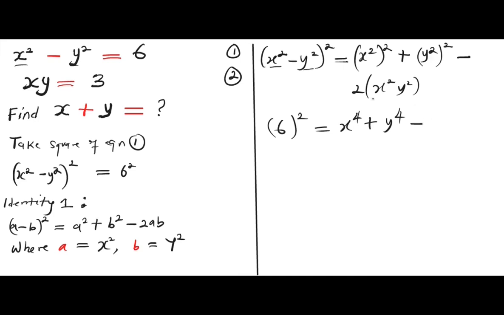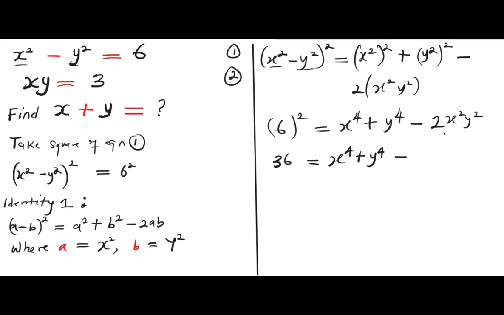Minus 2 times x squared y squared. So we have 2x squared y squared, okay? So we're going to have 6 squared, that is 6 times 6 is 36, equals x raised to the power of 4 plus y raised to the power of 4 minus 2 times x squared y squared.